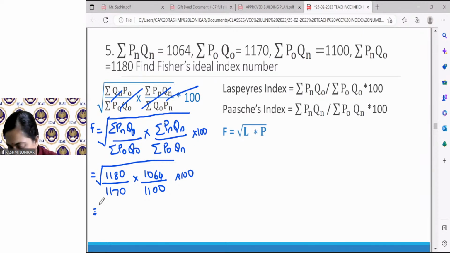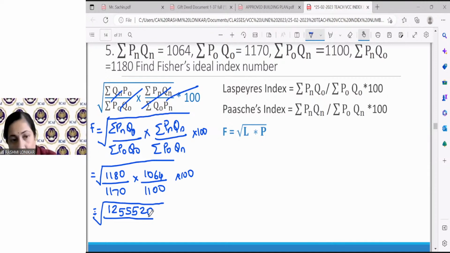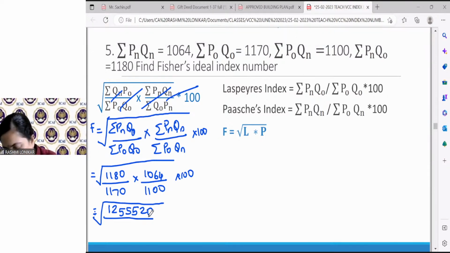1180 into 1064, which is equal to, under the square root sign, 1255520 divided by 1170 into 1100.